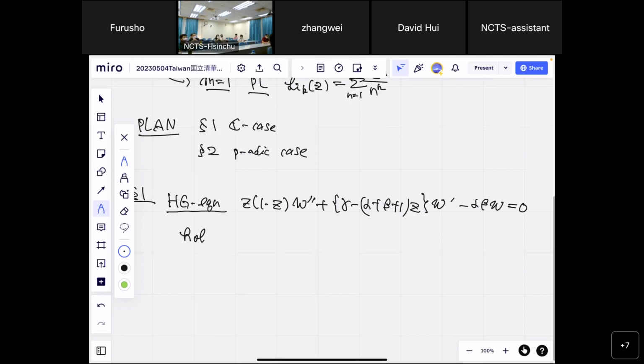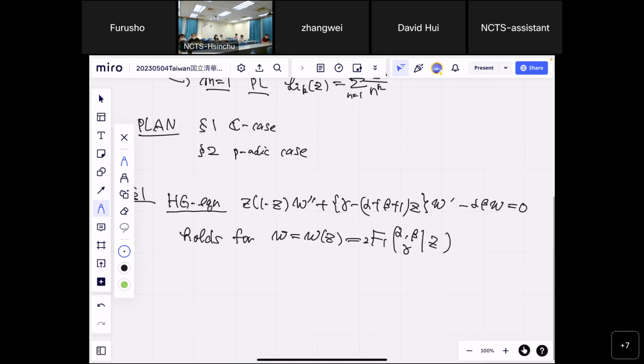This is Gauss's hypergeometric differential equation, and it holds for a function g, namely 2F1 of alpha, beta, gamma, z. The hypergeometric function satisfies this differential equation, which I denote the HG equation.